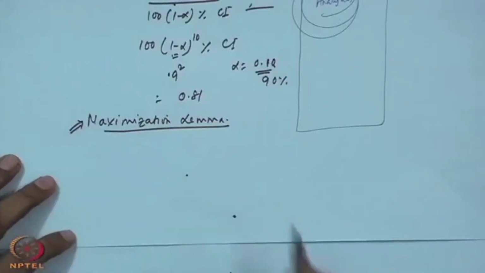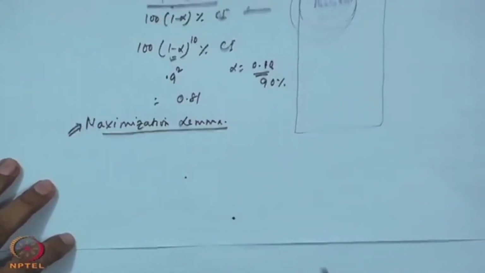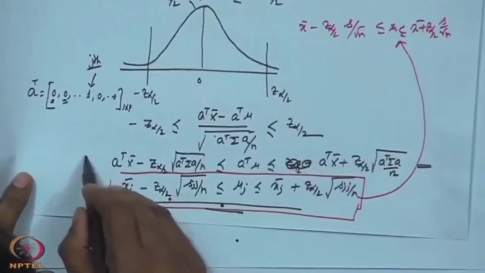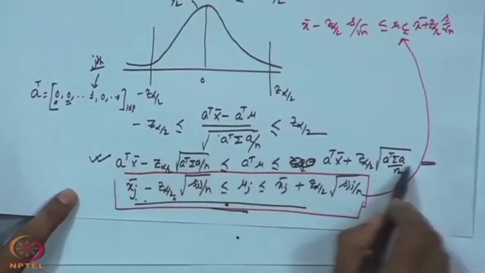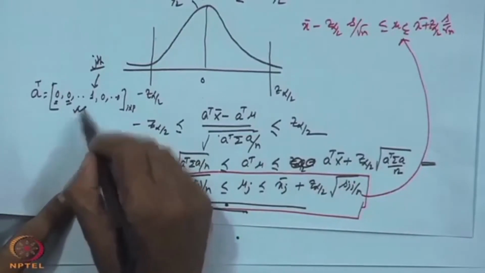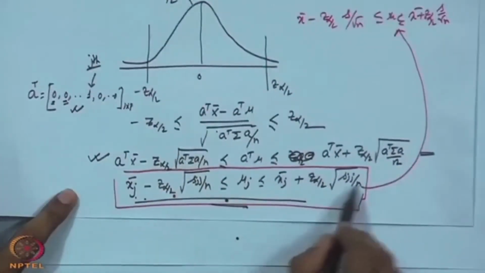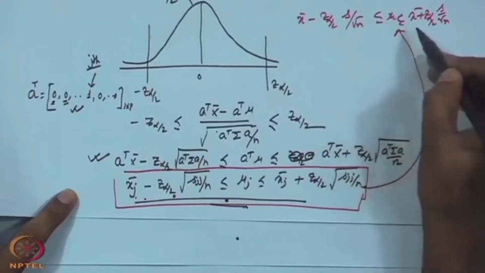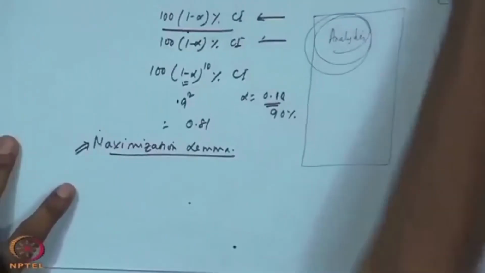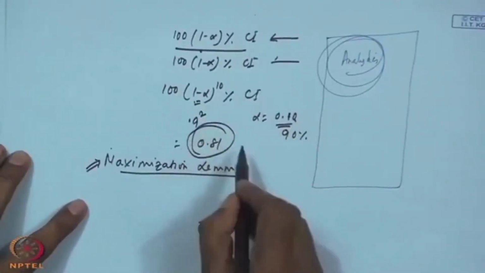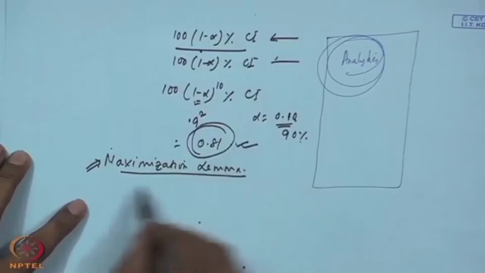We will continue our maximization lemma to find out the simultaneous confidence interval. What I told you is that this quantity, A transpose x bar minus this one, if you select something like this for A, you will get a univariate interval, and your problem will lie here: you will not get simultaneously 90% or 95% confidence interval.